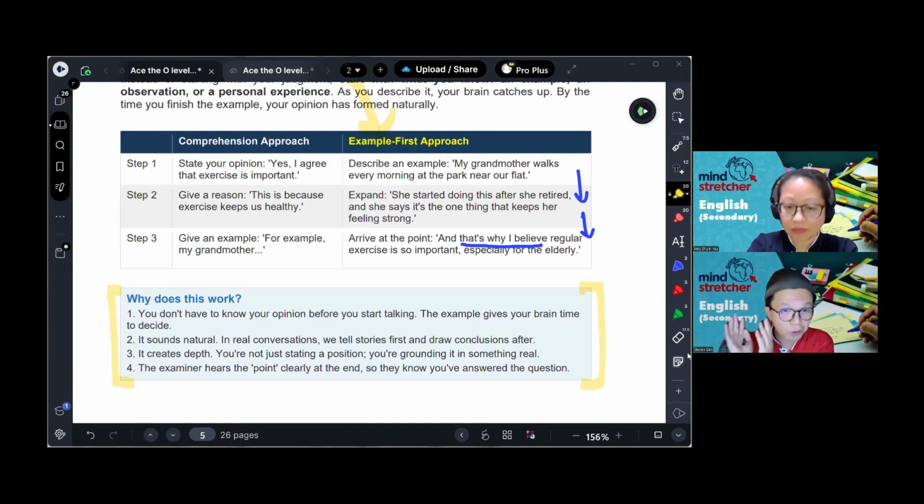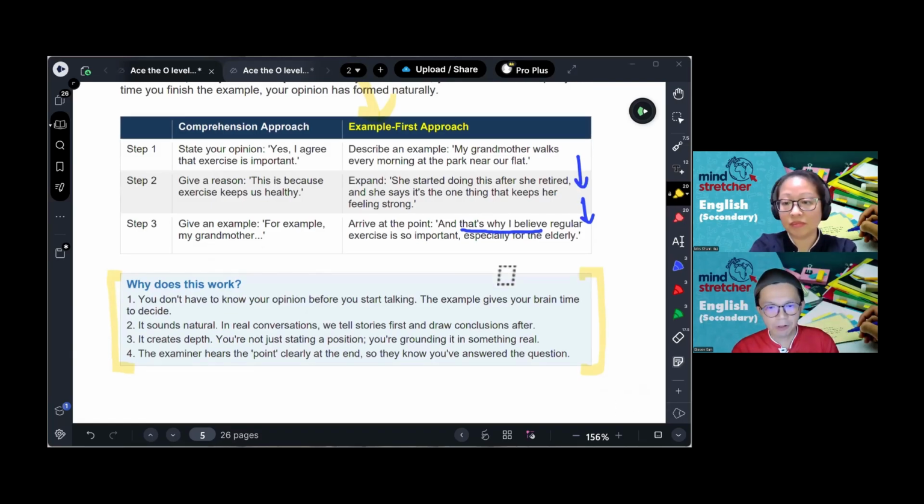This is what you do in your personal recount. You describe the example first, and then you reflect and say, this is what I believe. Do you understand? It is not a new technique. You already know this from the personal recounts which you have written many of, right? And so now you apply it here in your oral. Okay? Example first, and then you make your point.